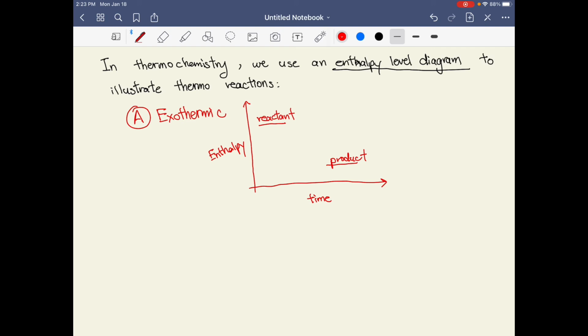So what happened is that your reaction has gone through a decrease in enthalpy. This decrease in enthalpy is what experiences heat being released to the surroundings. As a result, delta H is said to be a negative number.